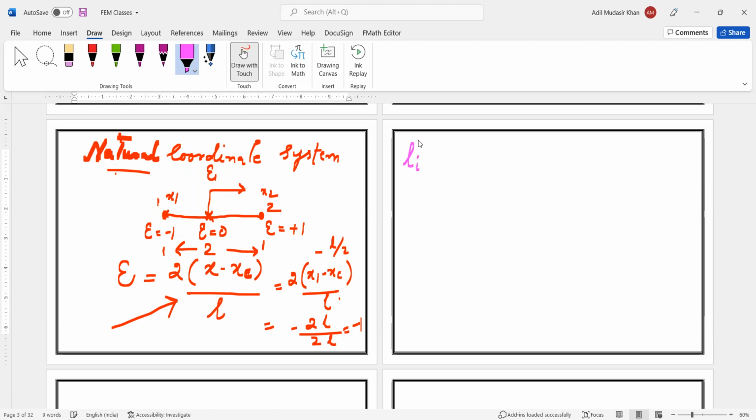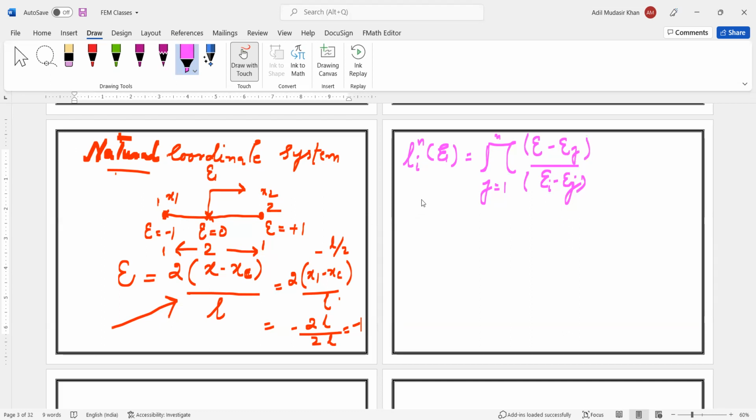L_i^n, not as a function of x, but now as a function of zeta, will be equal to the product over j going from 1 to n, the number of nodes, j not equal to i, of (zeta minus zeta j) divided by (zeta i minus zeta j). In the previous case, we have to make a correction. This is how we define it.